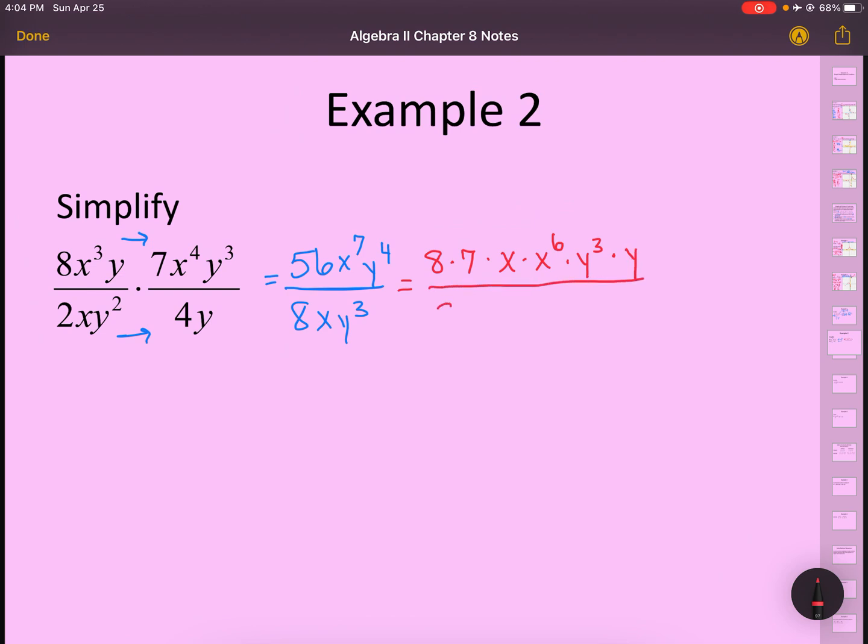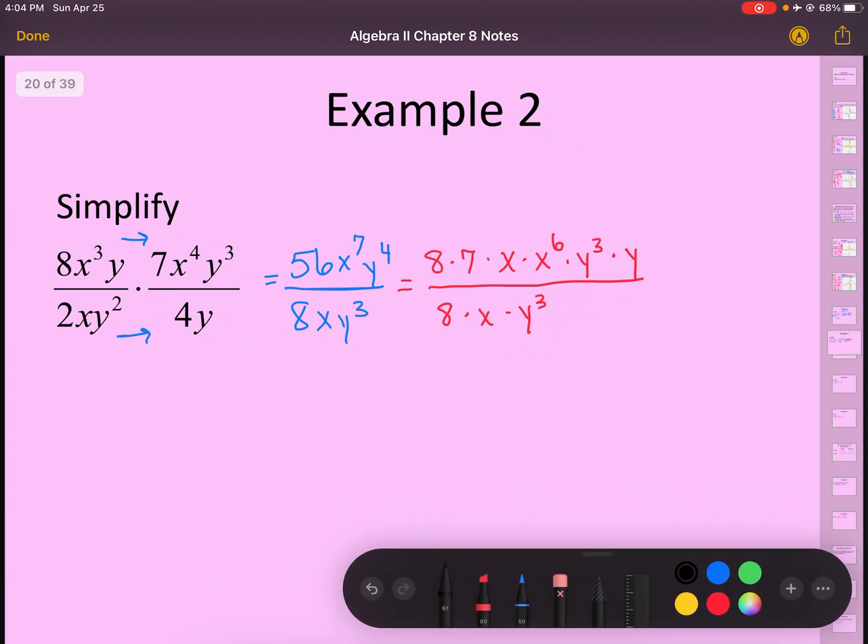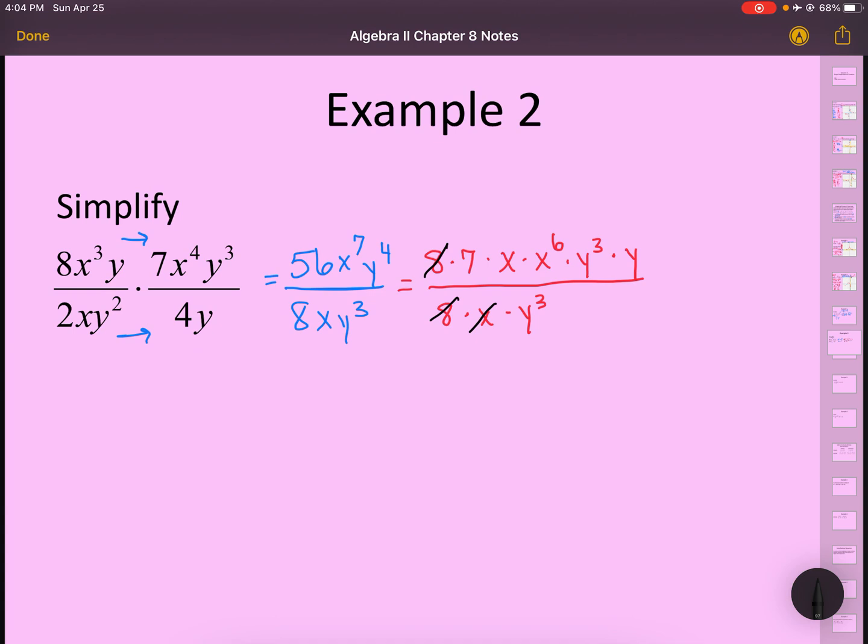And the bottom, I could still keep that an 8 so they can cancel out. And then the x, and then 3 y's. So if we go canceling some stuff out, the 8's can cancel, the x can cancel, and the y cubes can cancel out. So we're going to be left with 7 x to the 6th times y. And we could smash them all back together through multiplication.